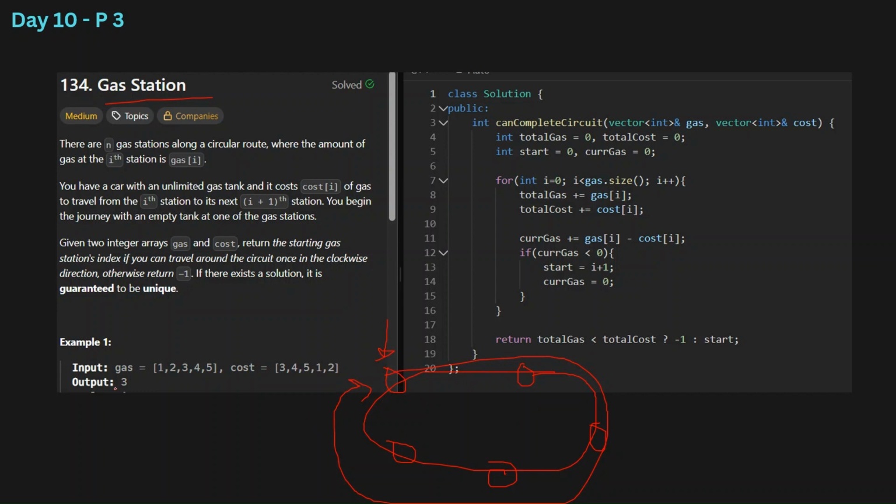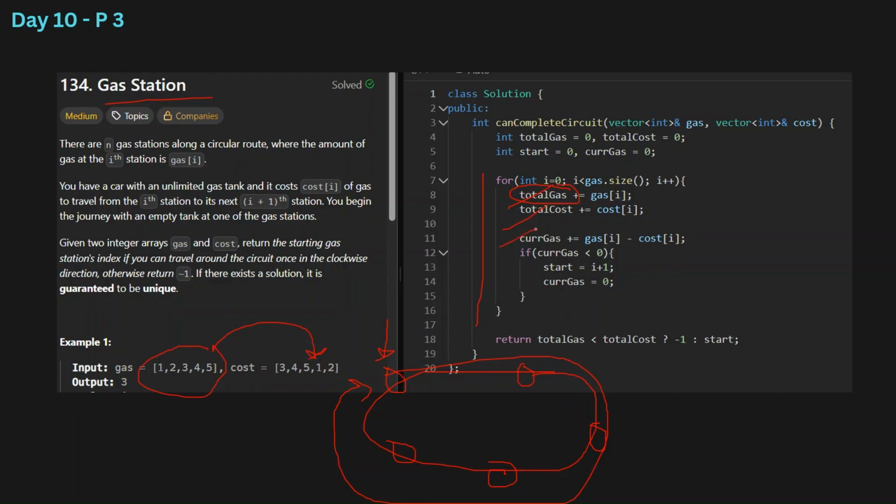The approach that I used was this approach over here. First of all, we traverse the whole array, and we compute total gas and total cost. If the total gas is less than the total cost, then definitely we won't be able to complete the loop.